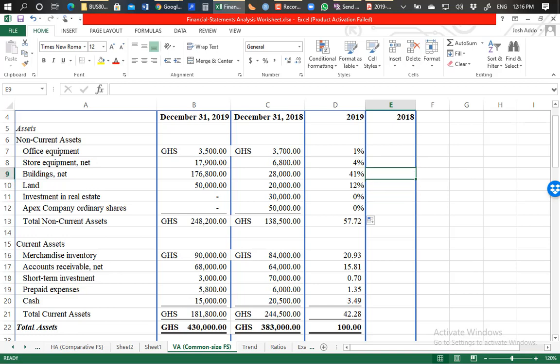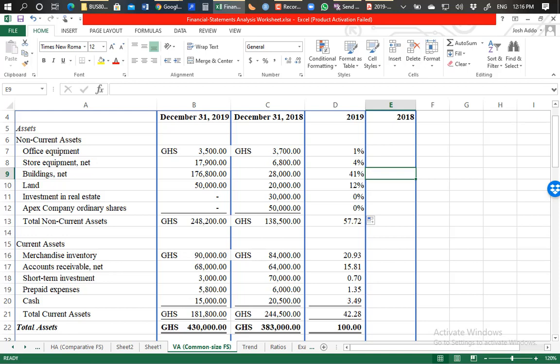So it is saying that office equipment is 1% of our total assets in 2019. Stores equipment is 4%. Building is 41% of our total assets.